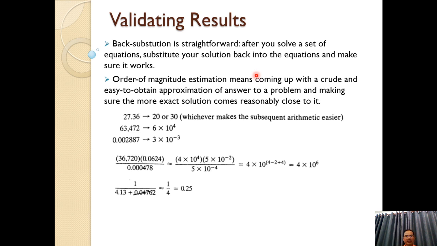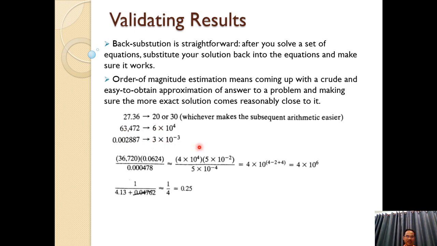For example, like this. This we call an approximation, like 27.36, which is maybe 20 or 30. And 63,472, you can approximate like 6 multiplied by 10 power 4. This is the order of magnitude.